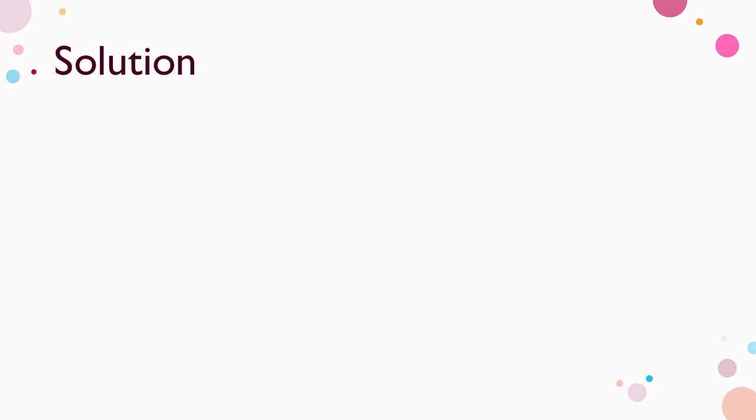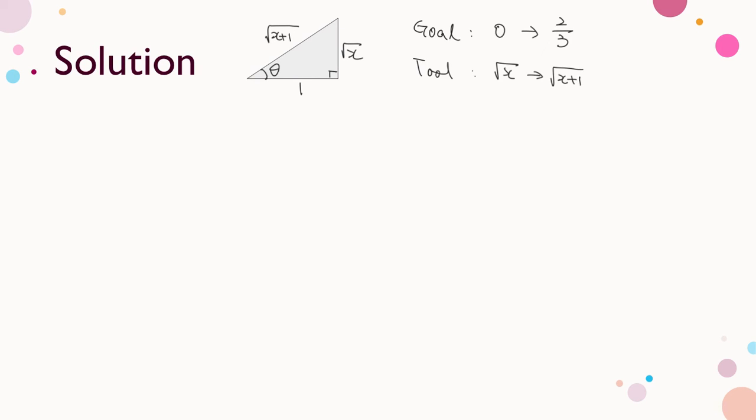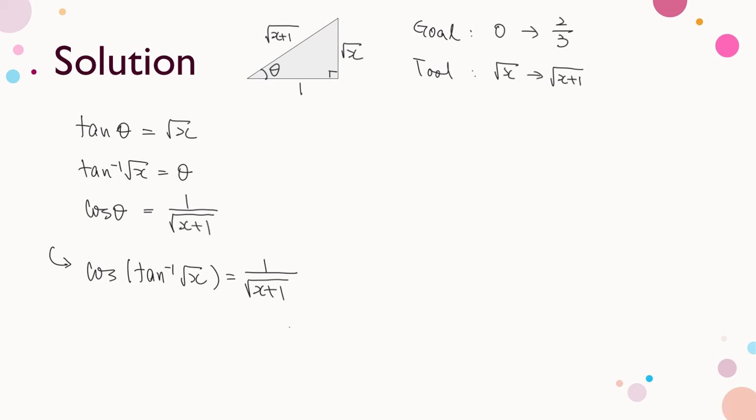Since the starting point is 0, we would like to construct a way of turning 0 to a larger number. By looking at the right angle triangle for the trigo functions and their inverses, we try to set up a function transforming root x to root x plus 1. Thus, we consider the functions tangent and cosine. Combine the functions.